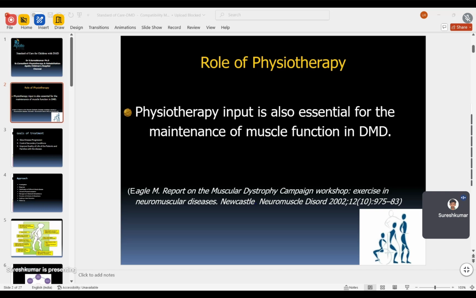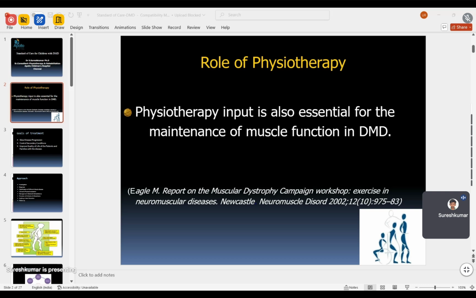If you could convince the child and the parent about the regular usage of steroids, it minimizes the disease progression. If you could maintain these children with proper medication and appropriate changes in posture, if the child sits for more than 1 hour, ask the child to lie down using a recliner or in the bed, or give some lateral support.